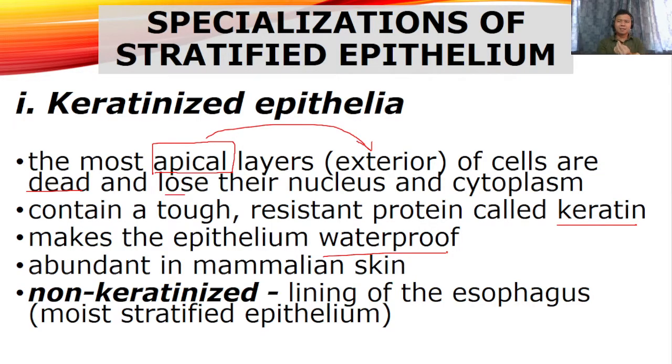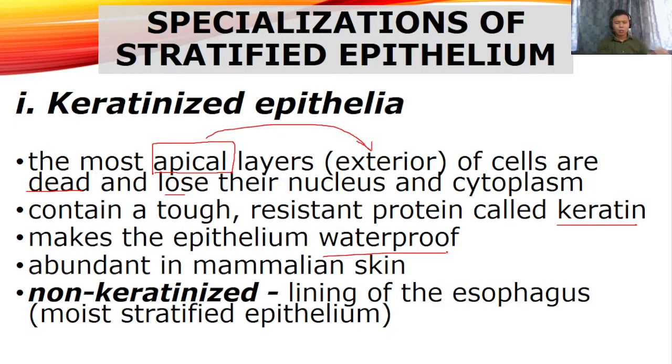Okay, as it peels off from our skin, the bacteria clinging to that keratin or dead cell will be peeled off together with a dead cell. Okay, so that's one part of the protective mechanism of the stratified epithelium. Okay, even though it's dead, but it still blocks the entry of the bacteria from directly penetrating our system.